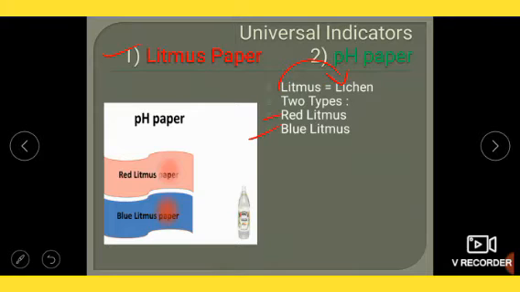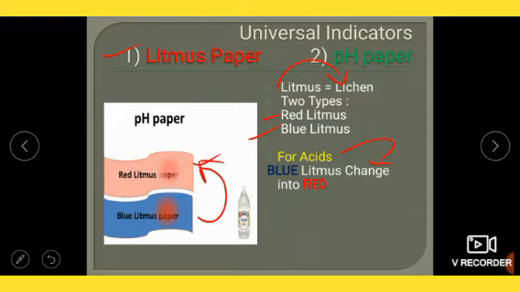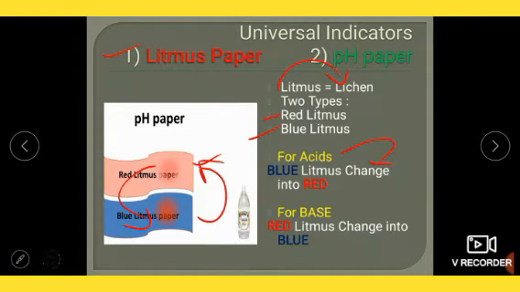It is of two types: red litmus and blue litmus. Yesterday we did an online activity in which we understood that in an acid solution, blue litmus changes into red, whereas red remains red. And for a base, red changes into blue. It is the opposite. So I hope you understood the basic characteristics of litmus.